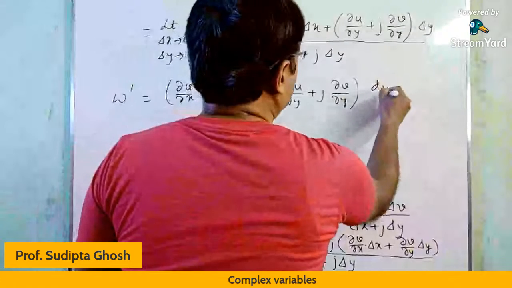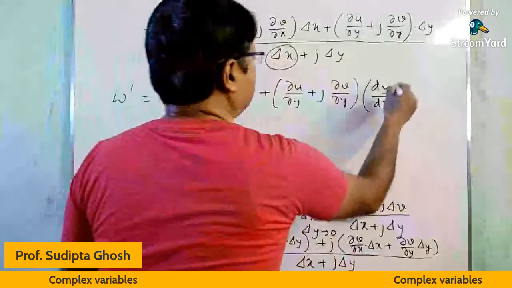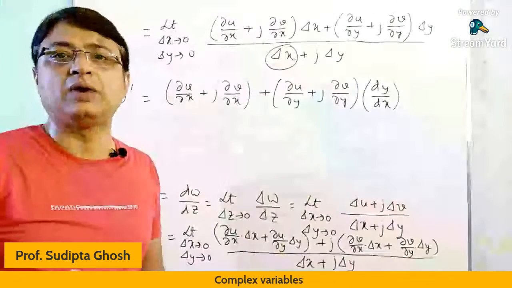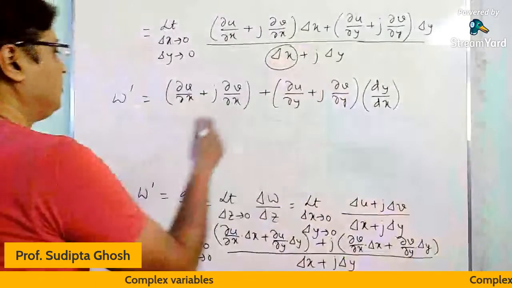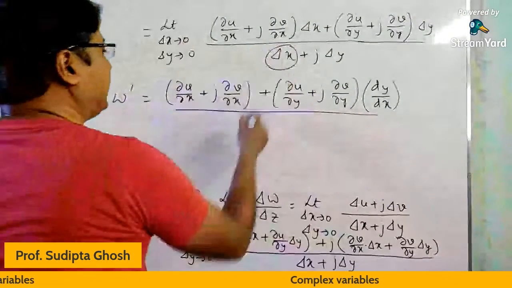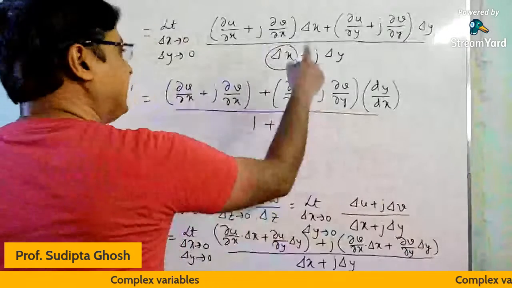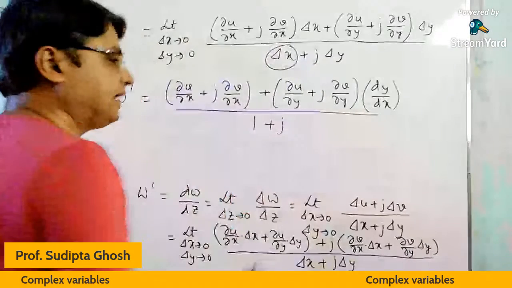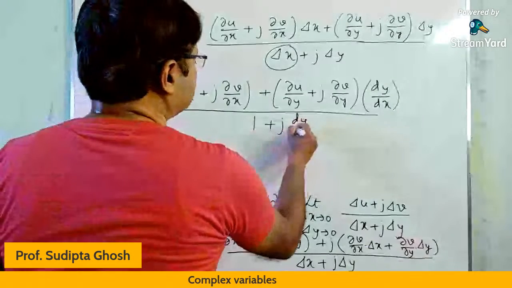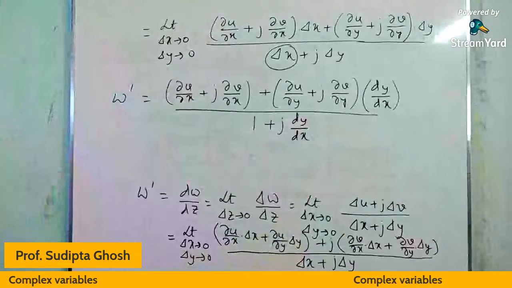From calculus, delta y by delta x in the limit gives dy/dx. The denominator part, delta x divided by delta x, becomes 1 plus j delta y by delta x, which in the limit gives dy/dx. So this will be the value.